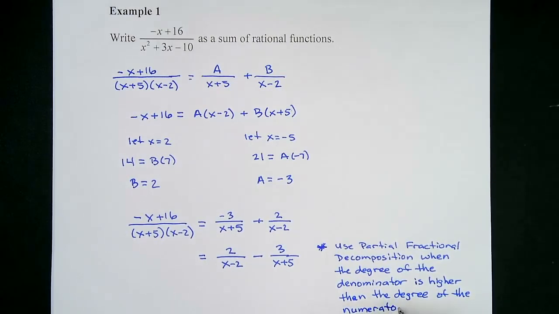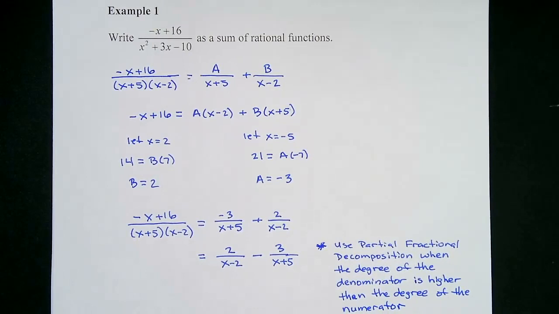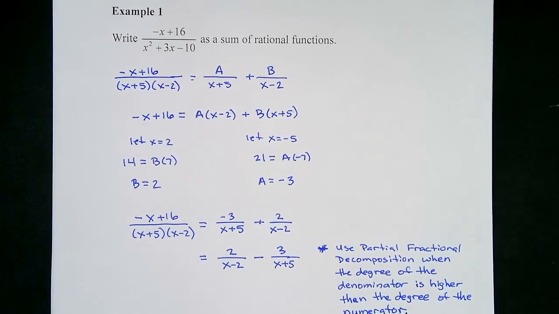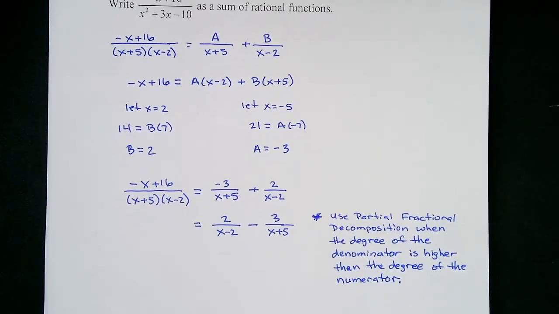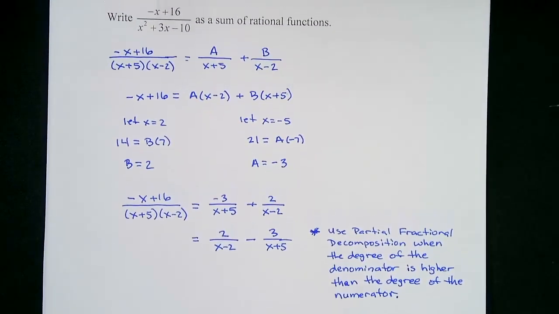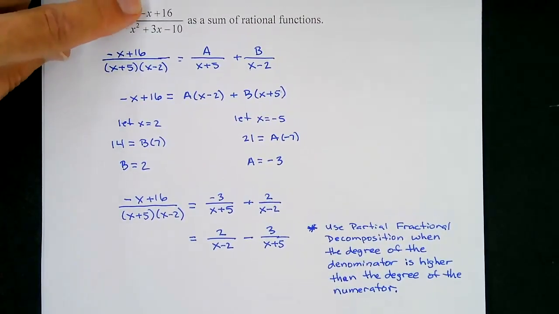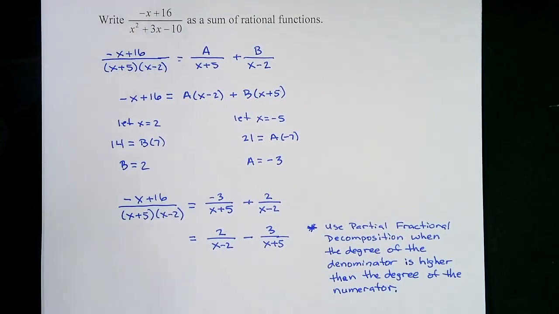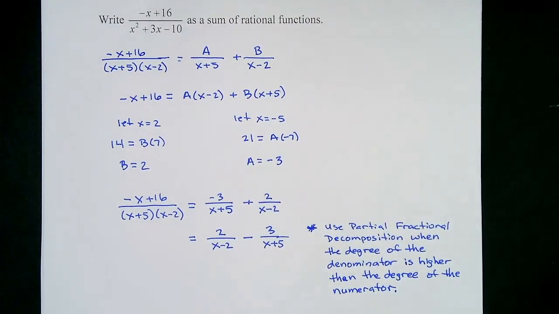In other words, remember, degree is the highest power. The highest power in the denominator needs to be larger than the highest power in the numerator, the top. And that's what we have here, because this is a power of 1 and this is x squared. So this is where we would use partial fractional decomposition.